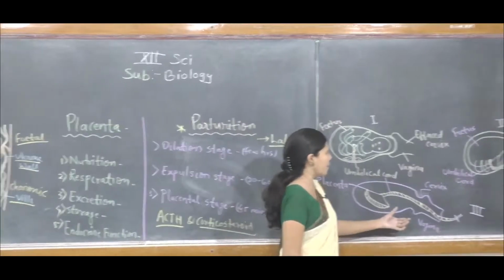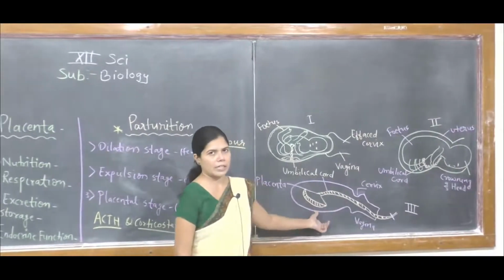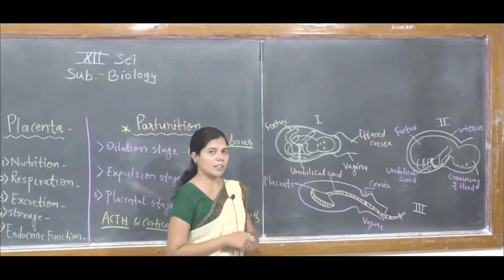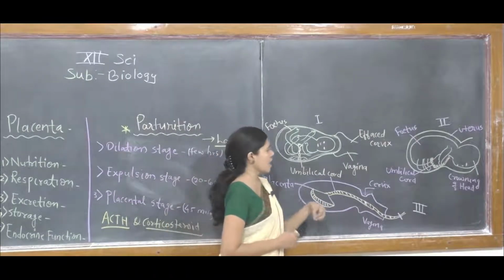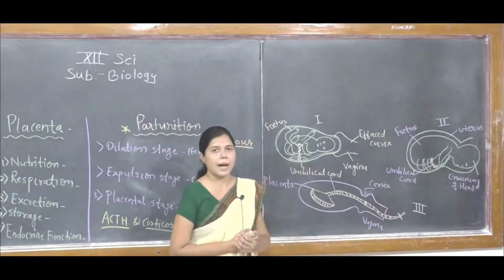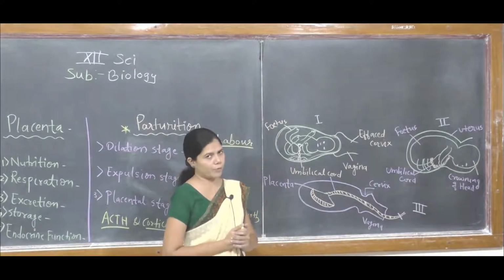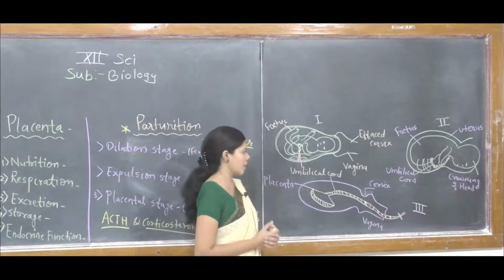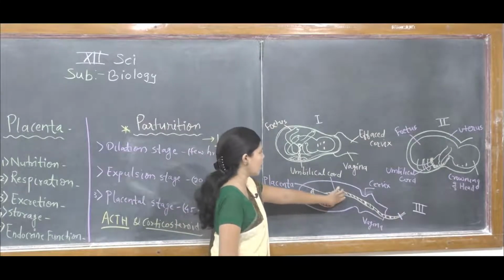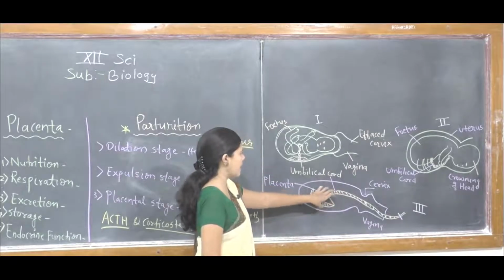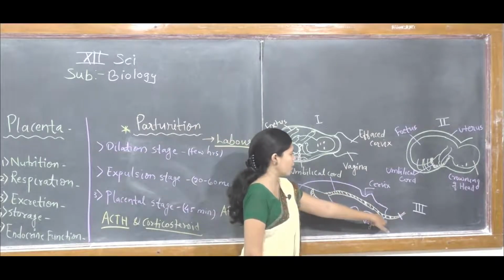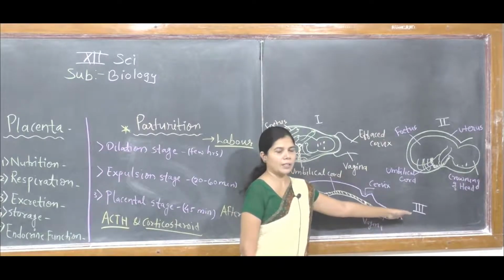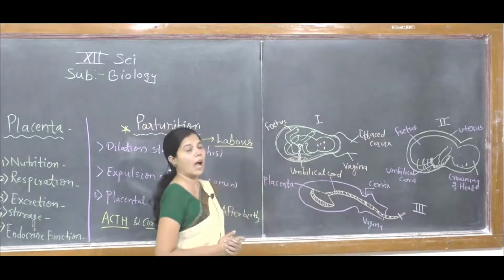The remaining part of the umbilical cord which is present inside the uterus comes out from the uterus by the stronger contraction of the wall of the uterus. The remaining umbilical cord, or we can say the placenta, comes out through the vagina, and it is tied and cut, which is known as the afterbirth.